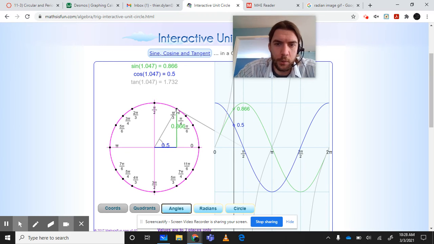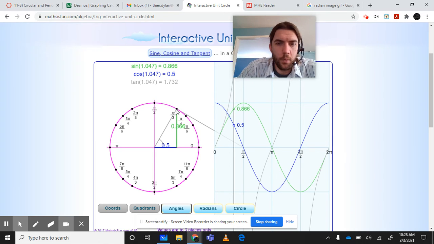That would be the actual location on the graph. It would be at 0.5 on the x-axis and 0.866 on the y-axis. The 0.5 is the distance in the x direction, and 0.866 is the distance in the y direction. So that's where the coordinate should be.